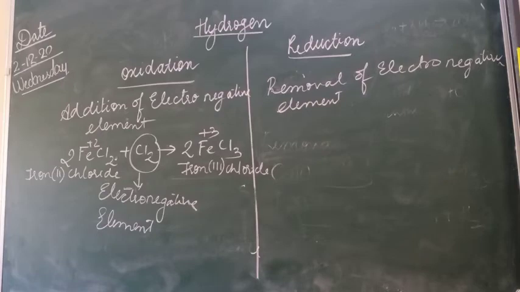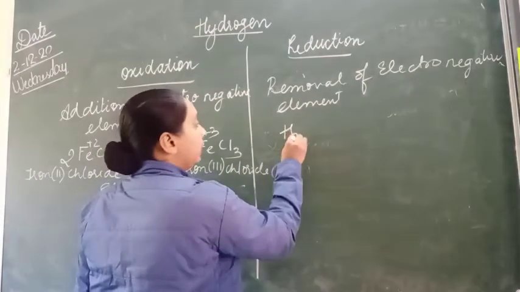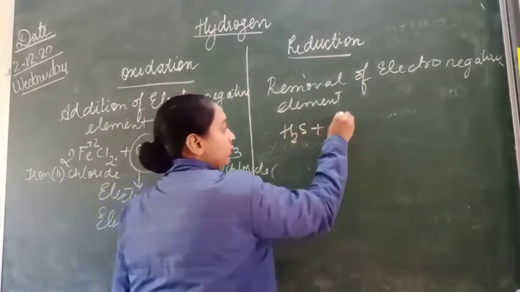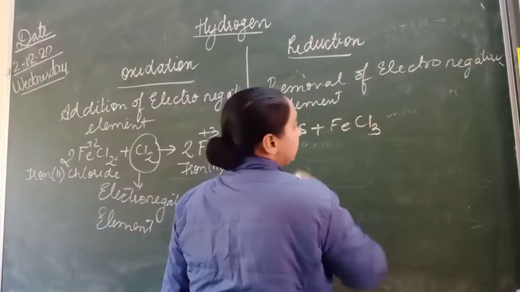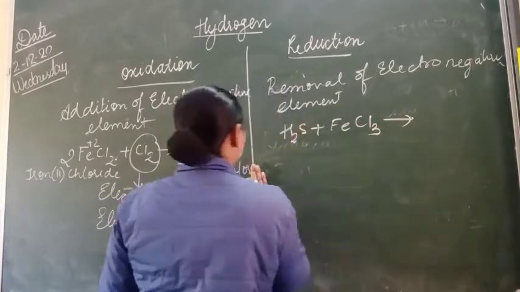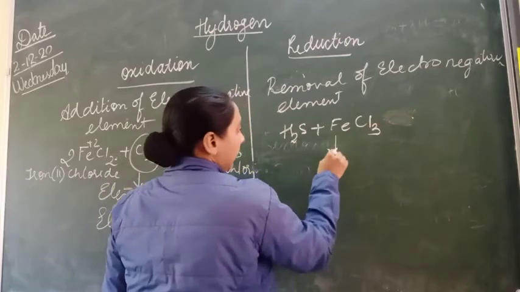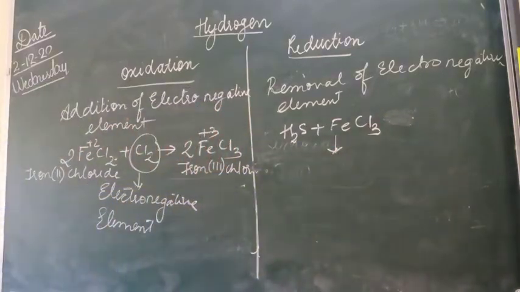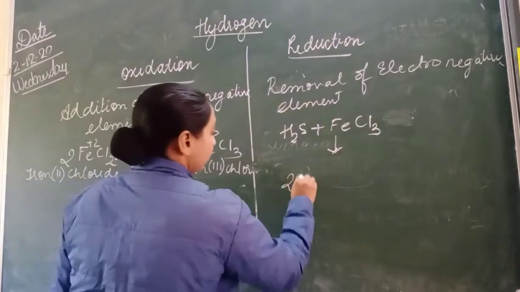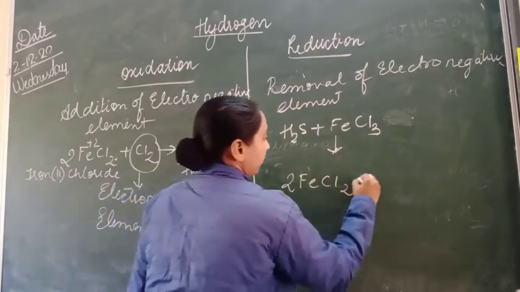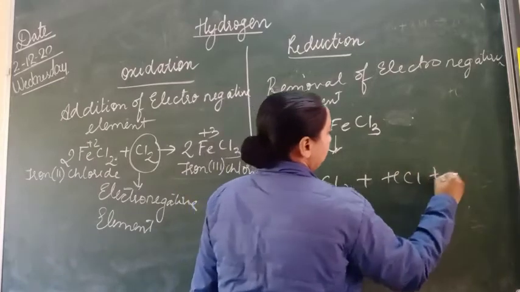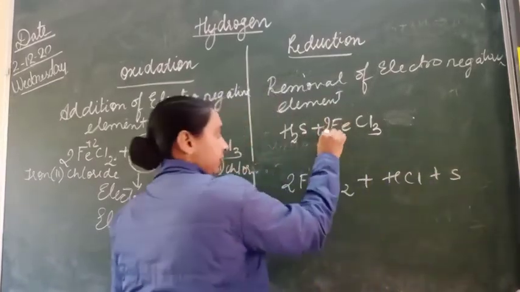So here is the equation according to the textbook, because when you follow the textbook you will get confused. H2S plus FeCl3 will give you 2FeCl2 plus HCl plus S, and here it is 2.